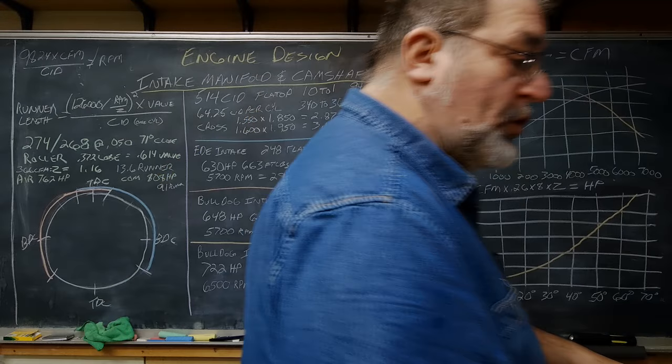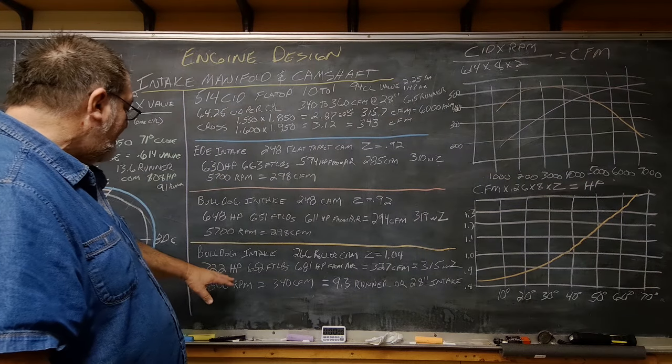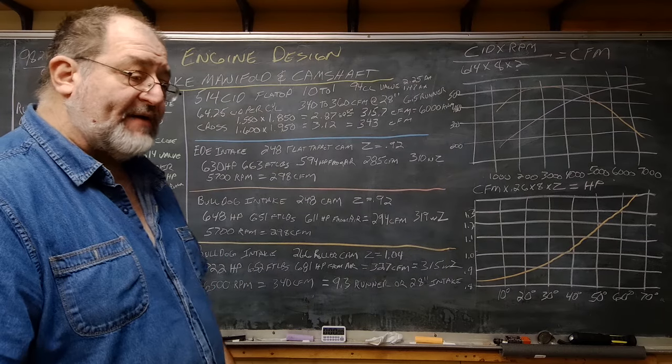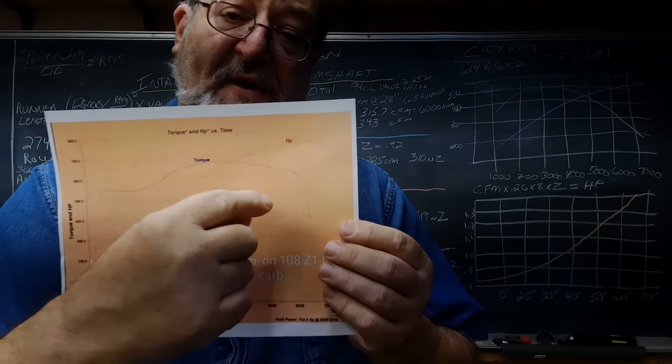So if you go to a bigger camshaft, the question becomes what happens? And we have this one, which I said peaked at 6,500. Well, it did. And if you look on this particular one, it just came up and peaked. There's no flat. Well, that's because the bigger camshaft required more airspeed to be functional.